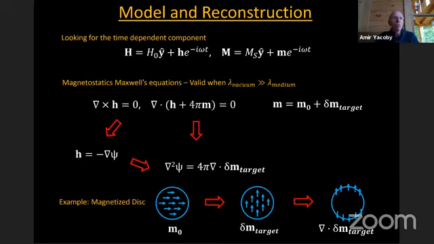Since we're mostly interested in the response of the system to the magnons, we're only going to look at a component that oscillates at the frequency that we're exciting: h e to the minus i omega t, and the corresponding magnetization m e to the minus i omega t.